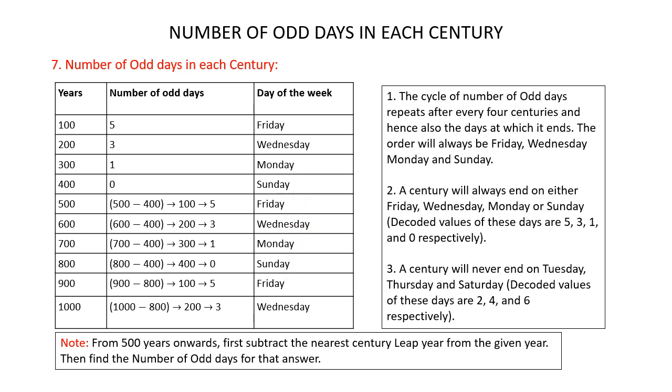As you can see here from this table, the cycle of number of odd days repeats after every 4 centuries, and hence the days at which the century ends also repeats after every 4 centuries. The order of repetition will always be Friday, Wednesday, Monday and Sunday. So a century will always end on either Friday, Wednesday, Monday or Sunday, which means a century will never end on Tuesday, Thursday and Saturday.